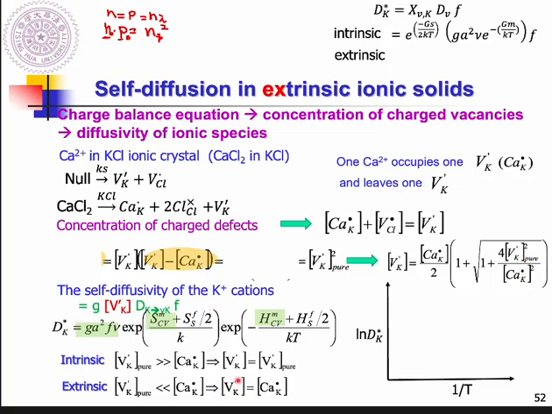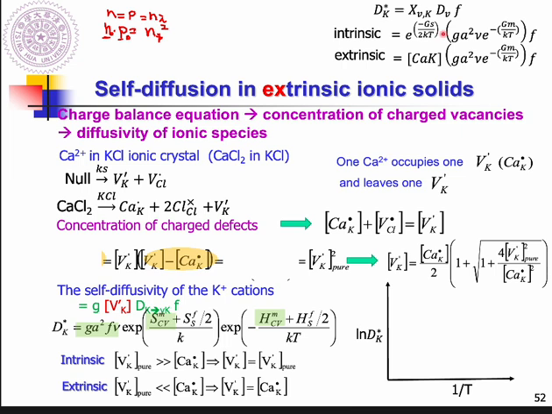Then Vk equals to here, so I can directly use the dopant concentration to substitute this term, and copy this and also F. So it turns out, depending on the concentration of dopant, you probably will have two different Vk, and different Vk will contribute different diffusivity of potassium.